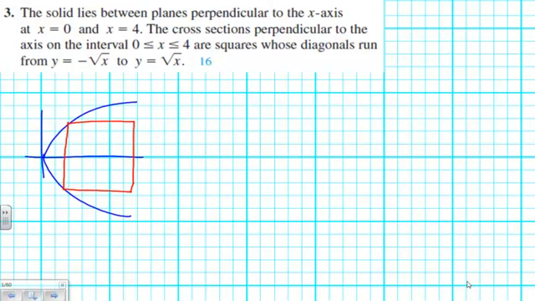Yeah? It says the diagonals run from there to there, not the edge. Oh, okay. So instead of that, you're saying what we have is, well, hold on. I need a piece of paper.